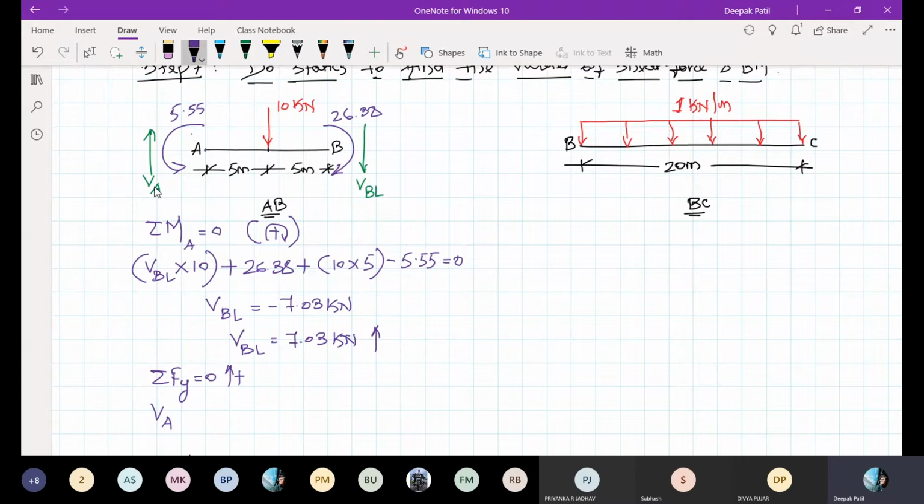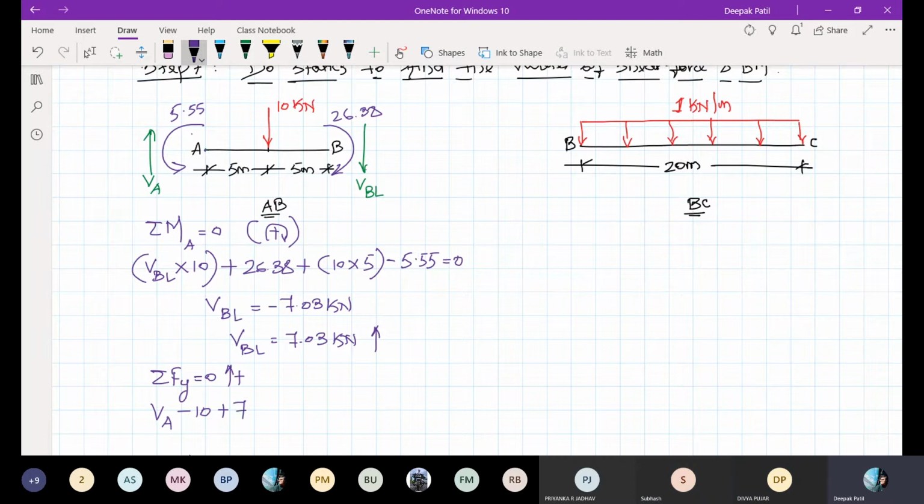What about 10, plus or minus? Minus 10. And now what about VBL? What will you take, plus 7.03 or minus 7.03? Plus 7.03, because VBL is actually upwards.